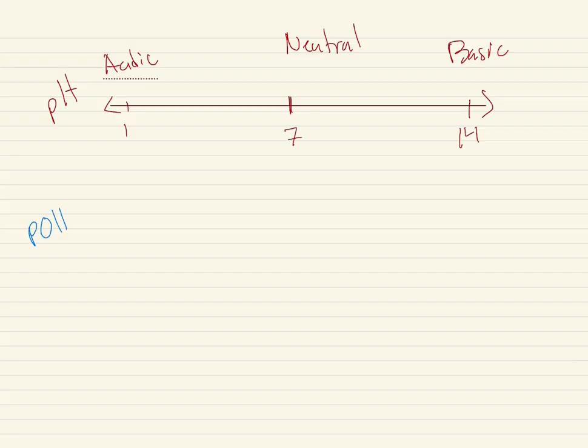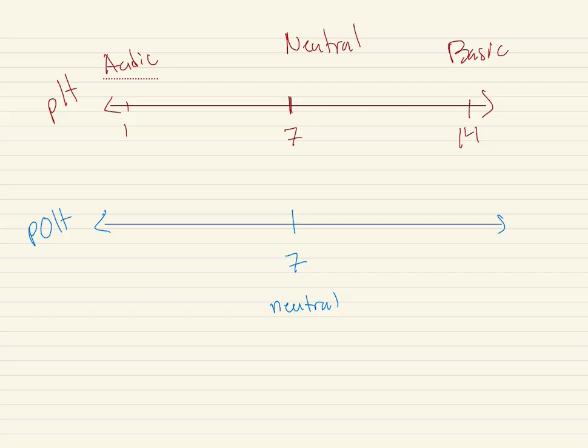On the pOH scale, a neutral value should be what? What do you guys think? It should also be 7, right? The neutral value doesn't change because that's our midpoint no matter what.